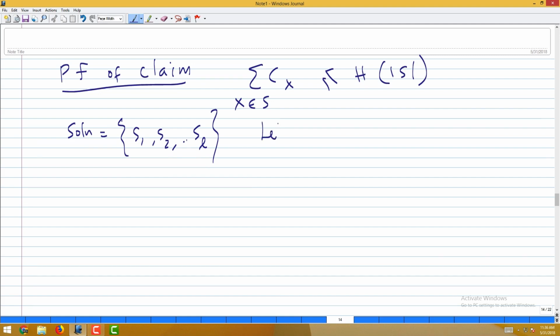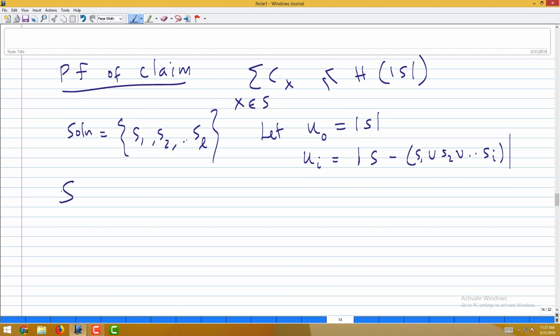Okay. So, let u naught be the size of S and u i equal to the size of S minus S 1 union S 2 union up to S i. So, I have picked one set S. Okay.